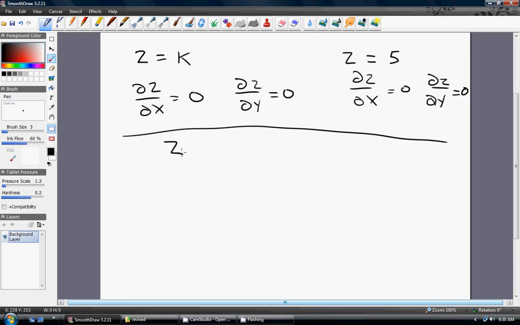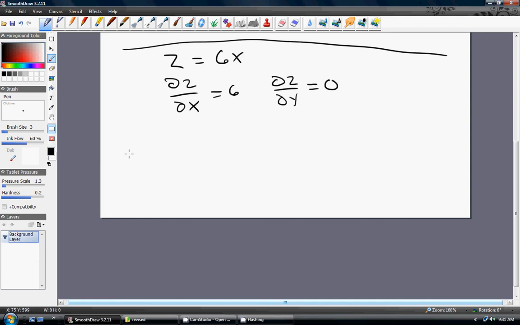Let's say that z equals now, let's say 6x. Partial derivative of z with respect to x equals 6. Partial derivative of z with respect to y equals 0. Let's say that z equals xy squared.